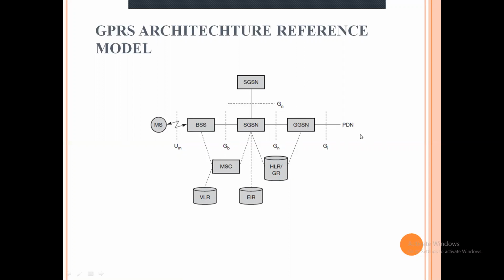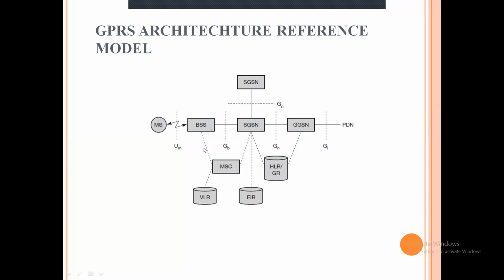The source is the public data network and the destination is the mobile station. The data passes from the public data network to the gateway GPRS support node, GGSN, then to the serving GPRS support node, SGSN, then to the base station subsystem, and then to the mobile station.